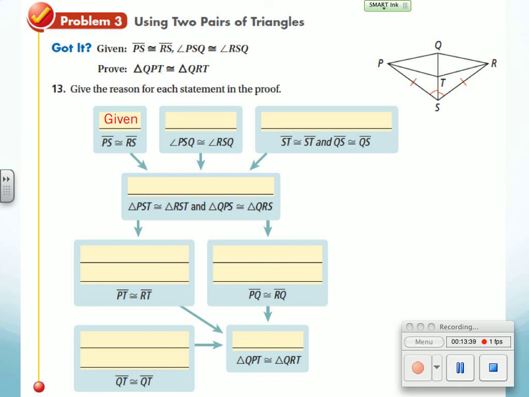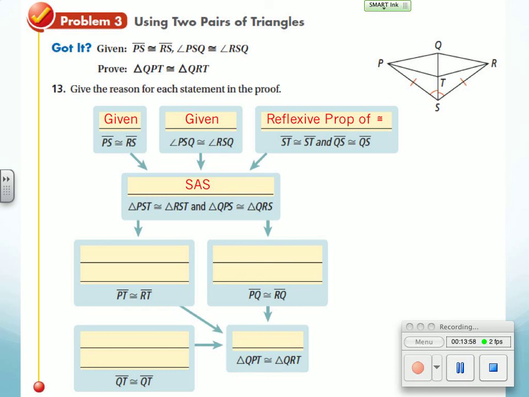I know that ST is congruent to ST and QS is congruent to QS by the reflexive property of congruence. So if I put these things together by side, angle, side, I get that triangle PST is congruent to triangle RST, and triangle QPS is congruent to triangle QRS.